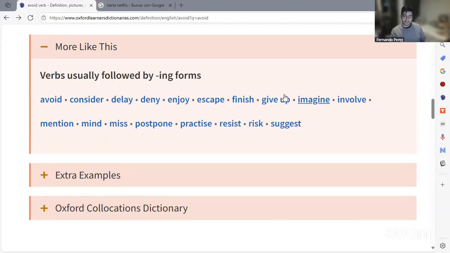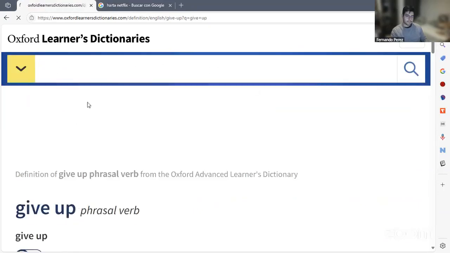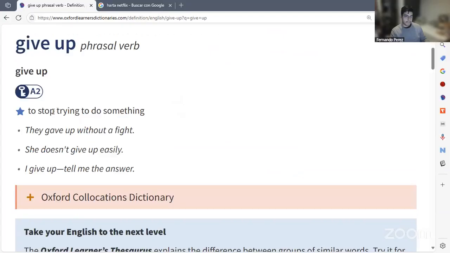So give up. Let's check the examples for give up. To give up is to stop trying, to stop trying or doing something.